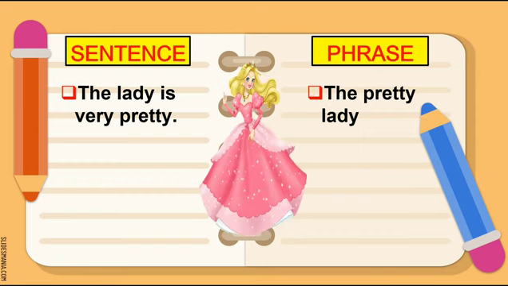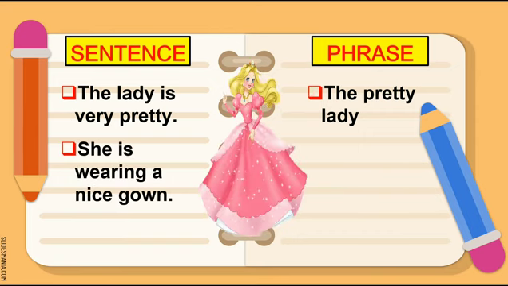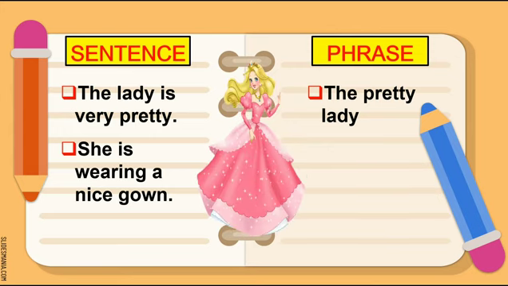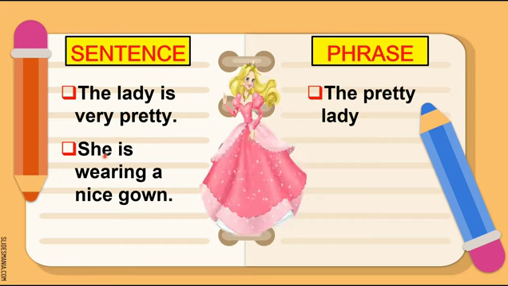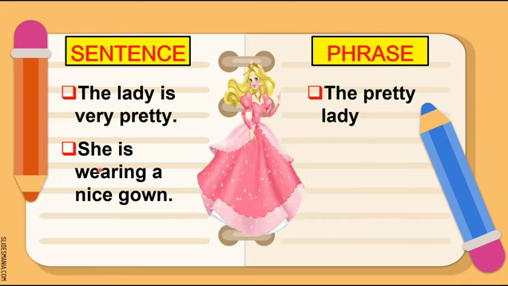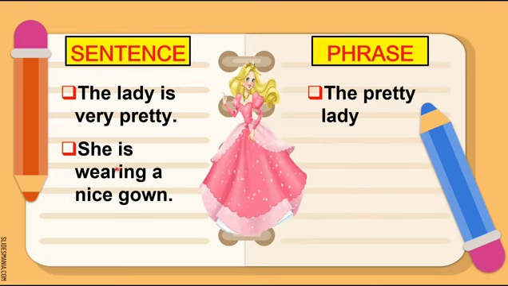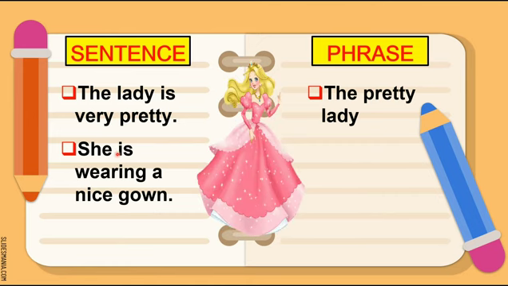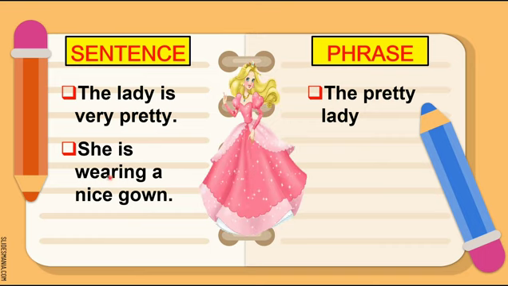Let's have another example. She is wearing a nice gown. This time, we are using the pronoun she, which refers also to the lady, as the subject or topic in the sentence. And we are saying that the lady is wearing a nice gown. So we have here, is wearing a nice gown, describing to us what the lady is wearing.